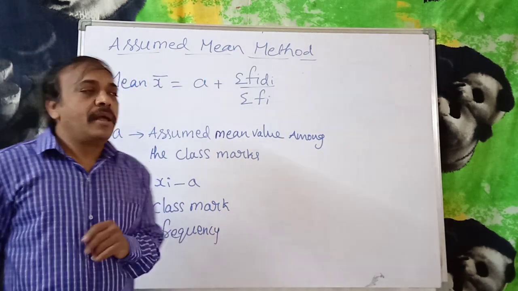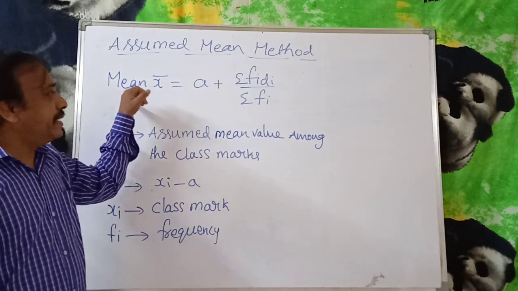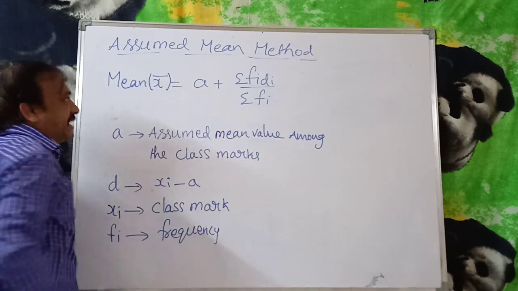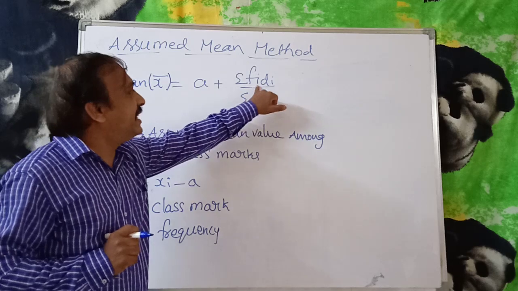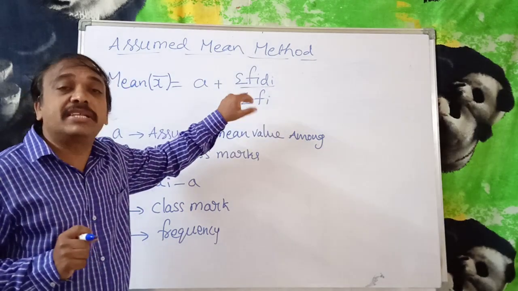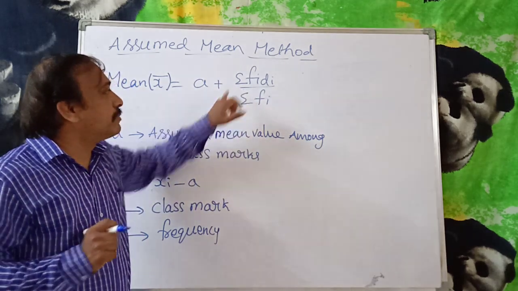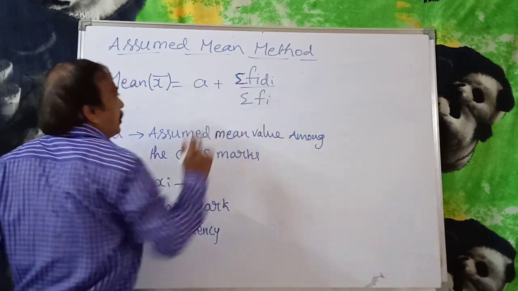See here, assumed mean method. Mean, denoted by x bar, is equal to a plus sigma fi di by sigma fi. Sigma means summation, addition.